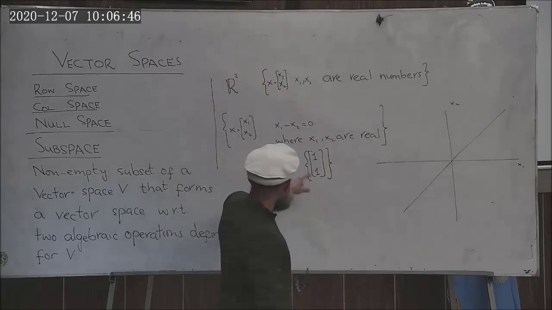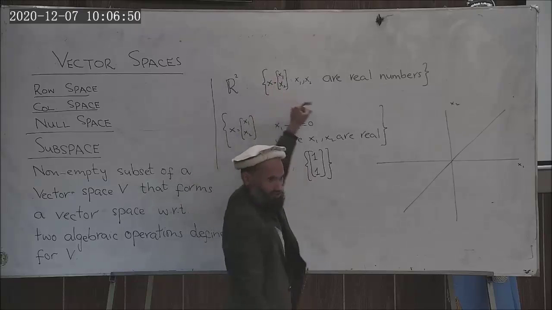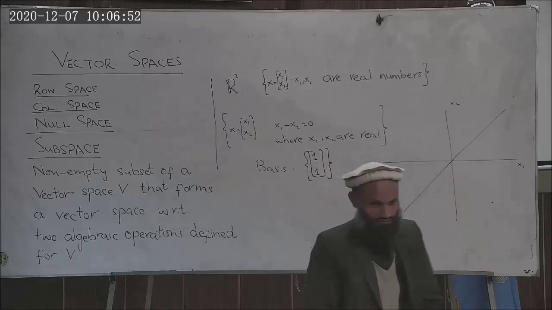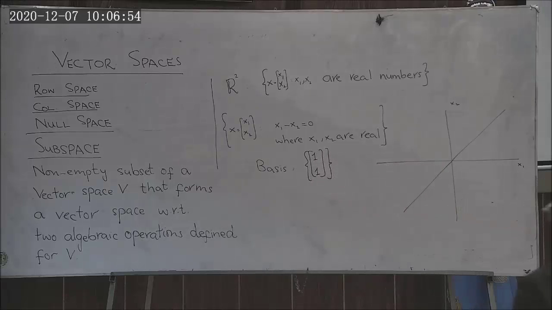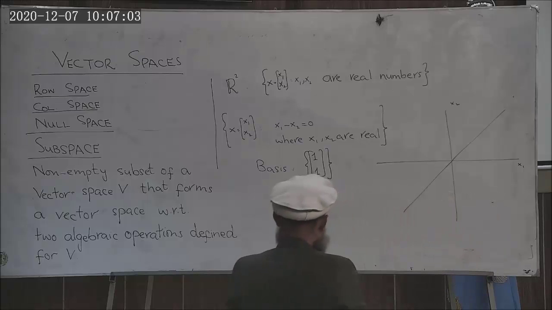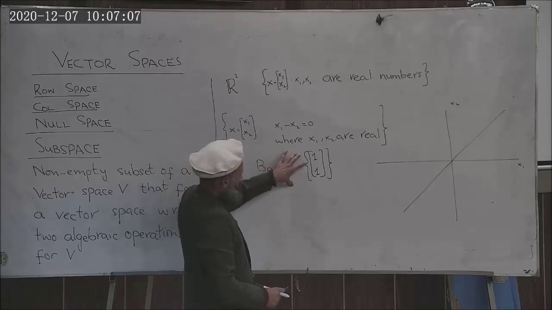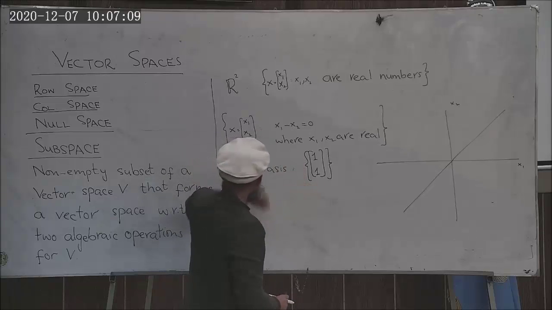So dimension should not be confused with the number of elements in that vector. The dimension of a vector space is the maximum number of linearly independent vectors in that space. So the dimension of this vector space is 1. A basis is given by this set.